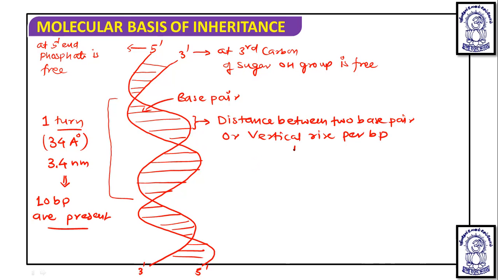So it is going to be 3.4 Angstrom, means 0.34 nanometer is the distance between two base pair.